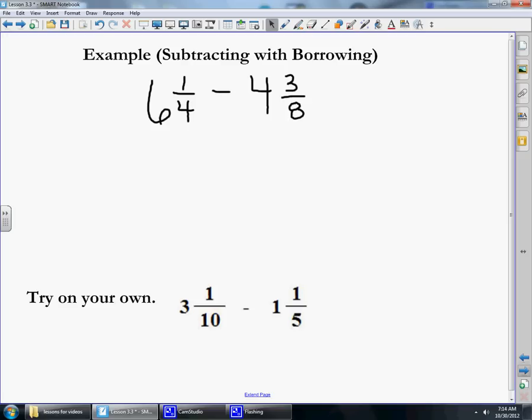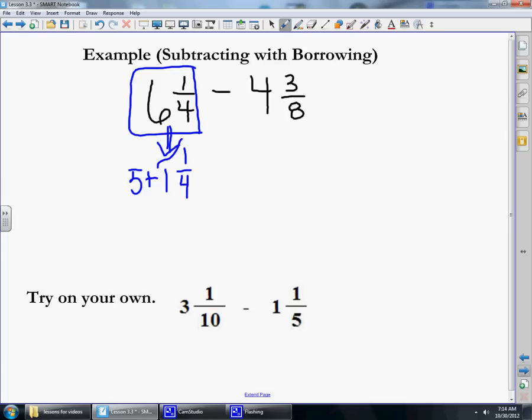Sometimes you might want to rename one of your numbers before subtracting. For example, let's take a look at this fraction, 6 and 1/4. Let's rename this fraction. Well, let's take a look at what this fraction might look like. 6 and 1/4 would look like 5 plus 1 and 1/4.